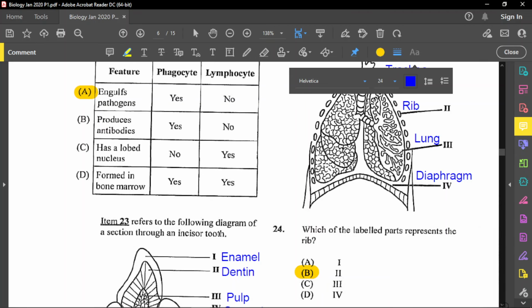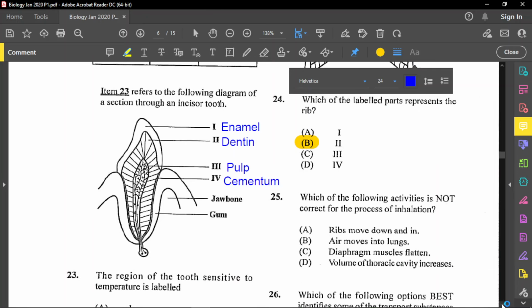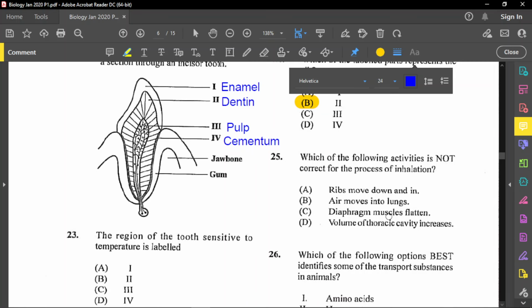All right, let's go to 25 now. We're getting close to halfway. It said, which of the following activities is not correct for the process of inhalation? Option A is the ribs move down and in. No, that's a bad thing.